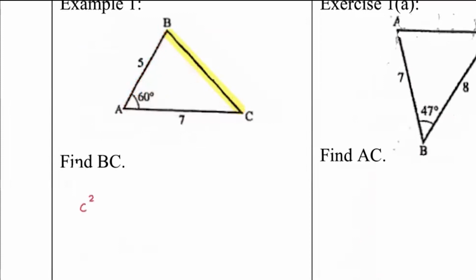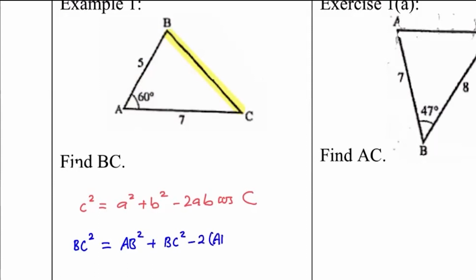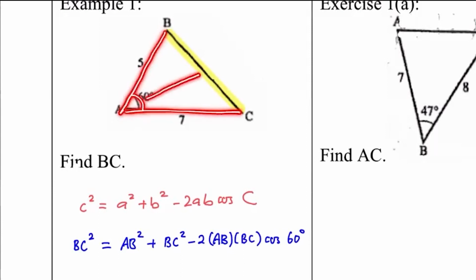I have c square equals a square plus b square minus 2ab cos C. The c is the one I want to find, so BC square equals AB square plus AC square minus 2 times AB times AC times cos 60 degrees. Two lengths covering an angle, and you find the opposite one.